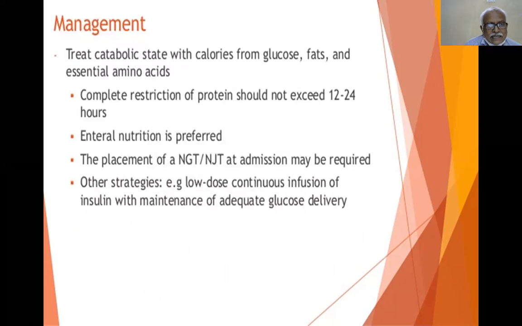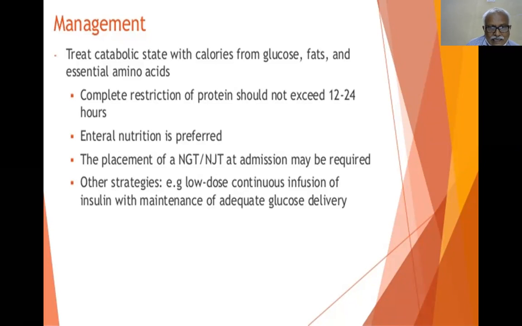So management: treat the catabolic state with calories from glucose, fats and essential amino acids. Complete restriction of protein should not exceed 12 to 24 hours. Enteral nutrition is preferred. The placement of NGT, NJT at admission may be required.